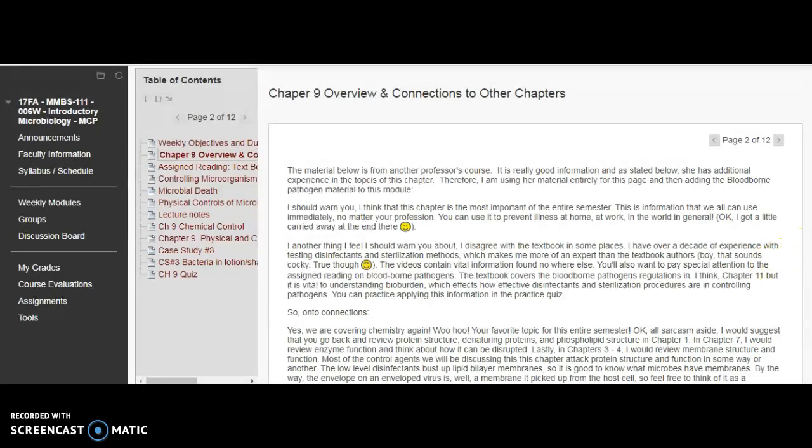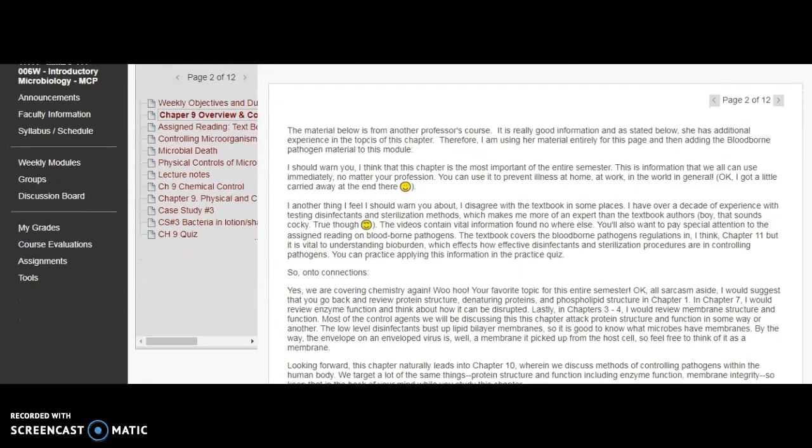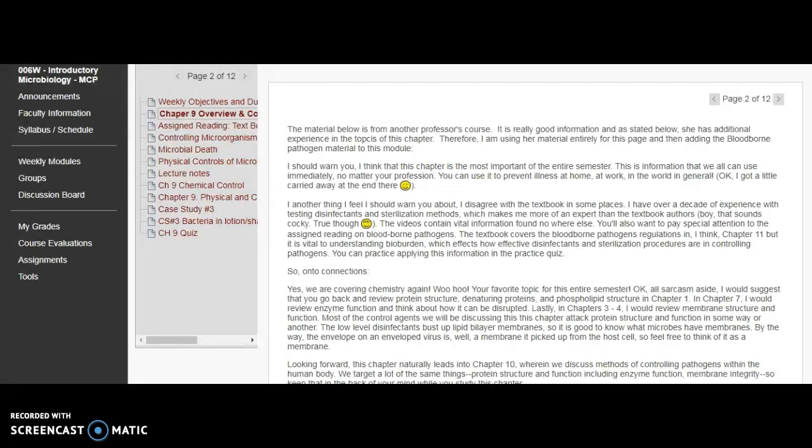Now, one thing that I might have mentioned somewhere else, and I had on the weekly overview, was something about blood-borne pathogens. And again, that was coming from this other professor's course, and after going through it, I really didn't like it and didn't see the obvious benefit for you all.